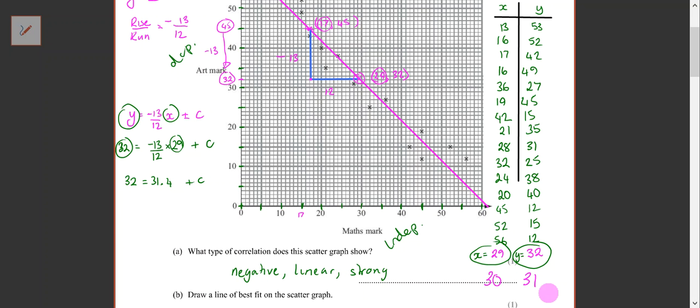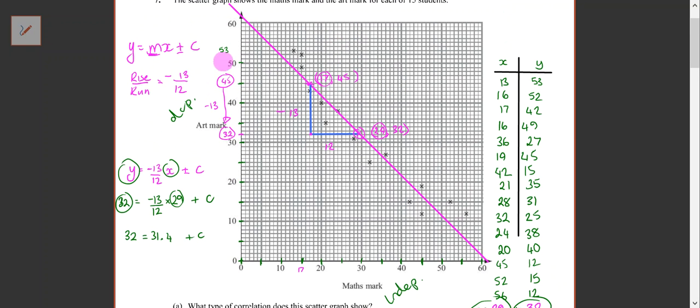So, remind me then what this mx plus c was about. What were we doing? So we're finding the equation of this line, right? What was the rise over run thing? How did we get it?